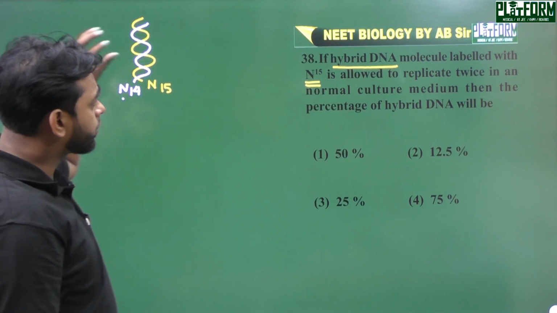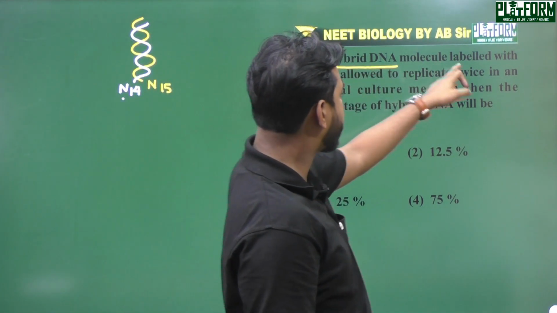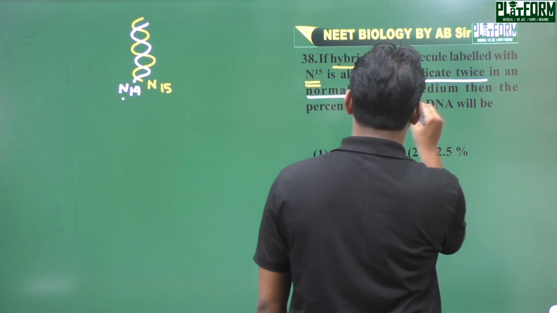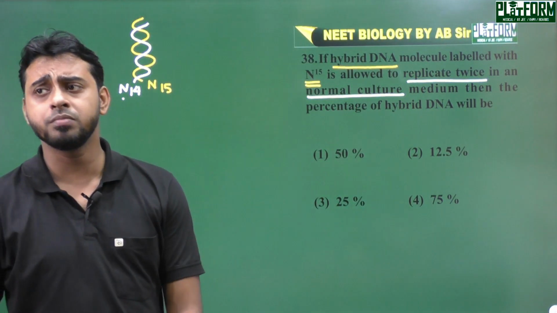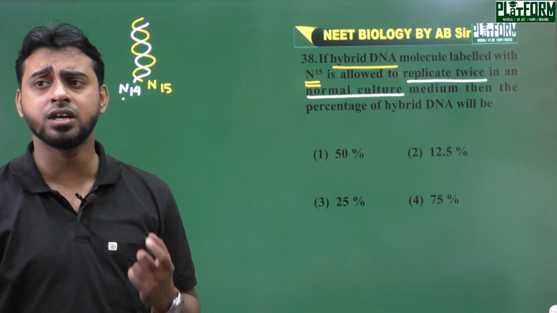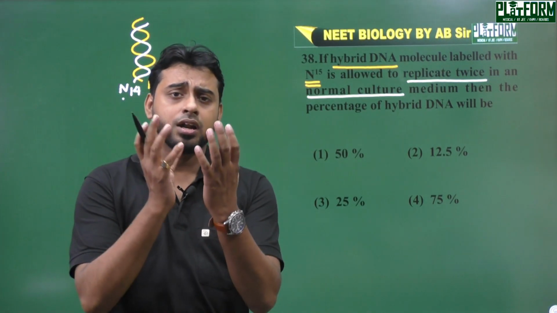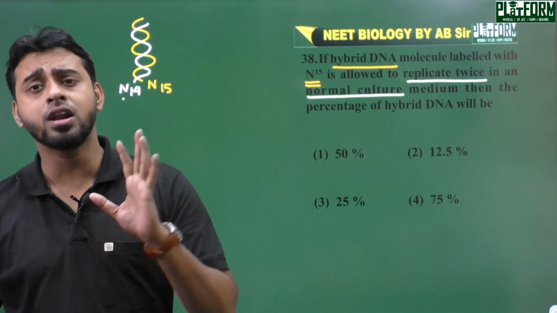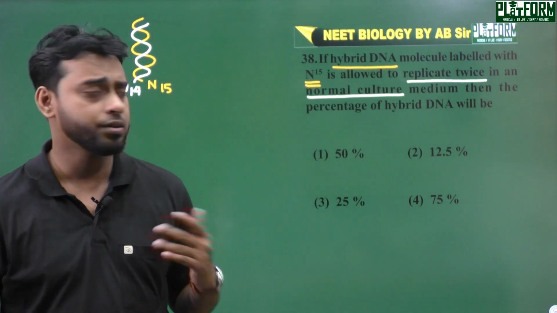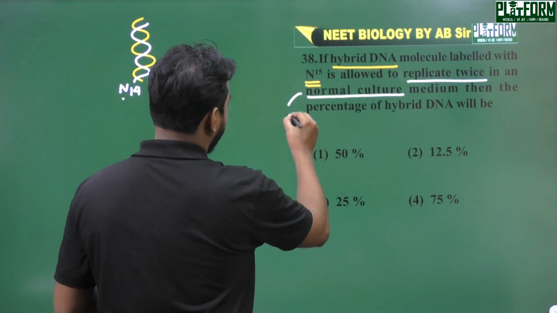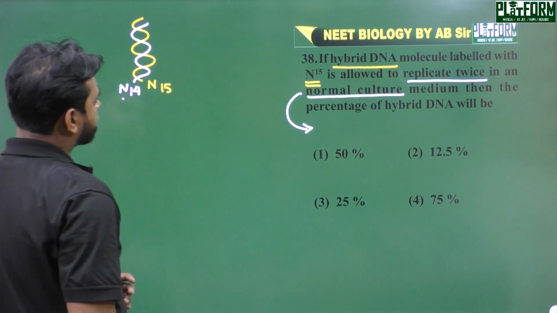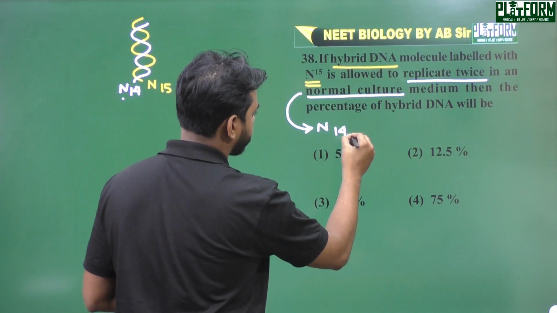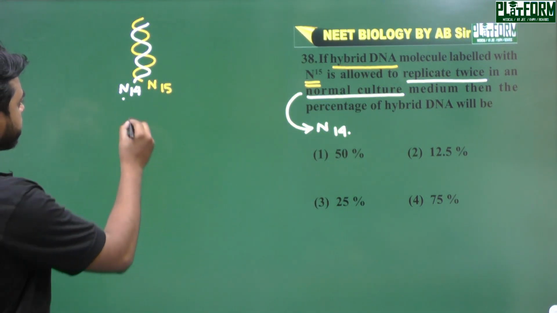Now this particular DNA is allowed to replicate twice in a normal culture medium. What does it mean? It means the medium contains normal nitrogen, that is N14 nitrogen. So the nitrogen present in the normal culture is N14. What will happen?